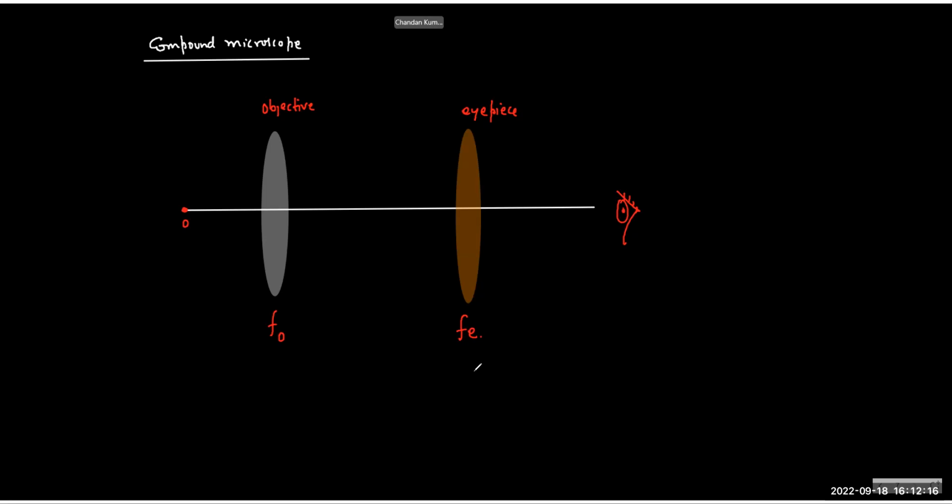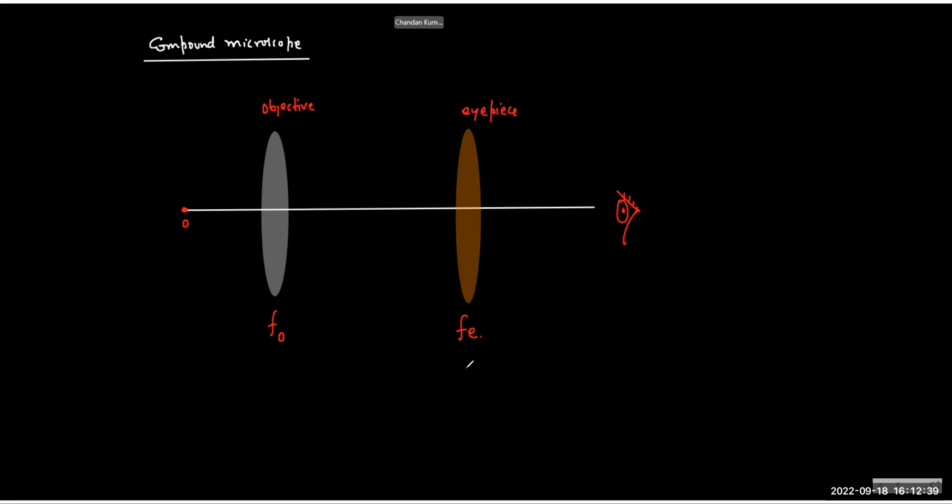The general purpose of the compound microscope is to see very tiny objects kept at finite separation. So when you add two lenses in this fashion to see the object at finite separation, it is called a compound microscope.